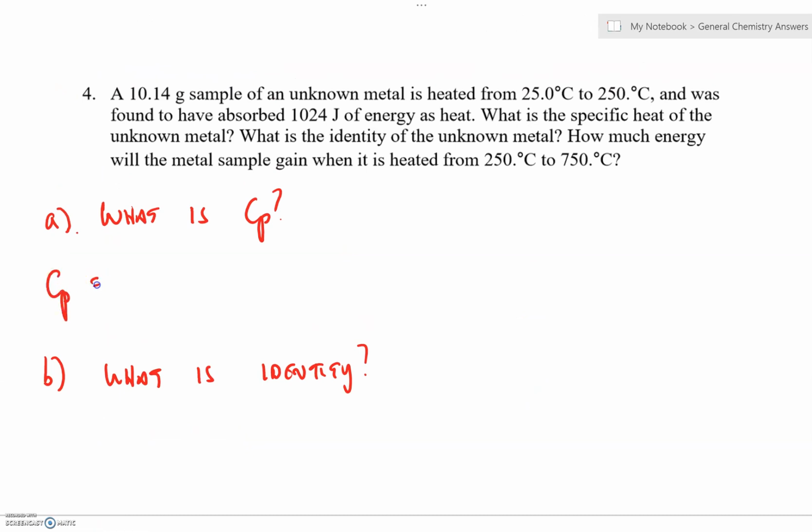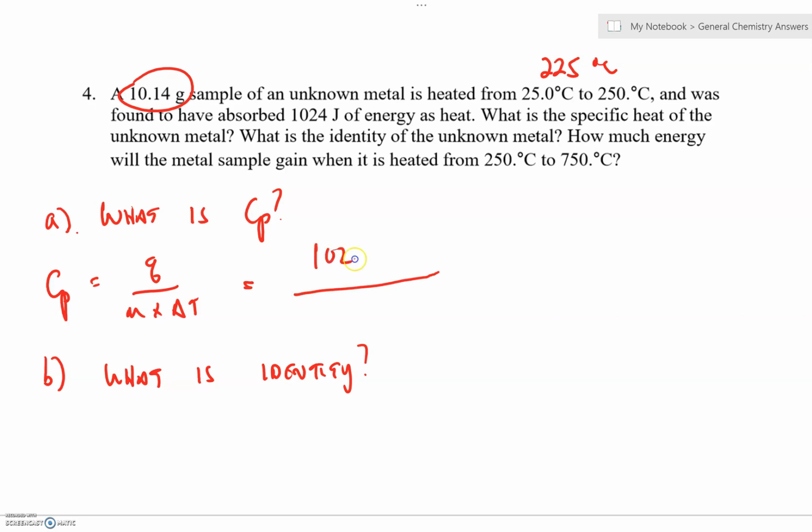So we know that Cp is equal to Q over M times delta T. And this is how we're going to find part A. We have absorbed 1,024 joules. Our mass is 10.14, and we've gone from 25 to 250. That means our delta T is 225 degrees Celsius.